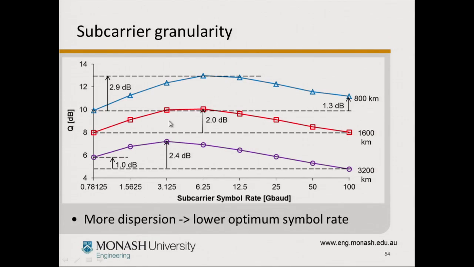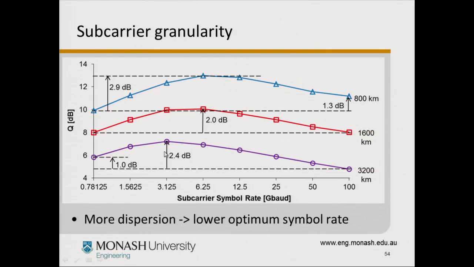So we can see here that this is for 800 kilometers. If you go to a very low subcarrier spacing, slightly less than 1 gigahertz, then the performance is very poor, and that improves and gets to around optimum at around 6 or 7 gigahertz, and that falls off again.